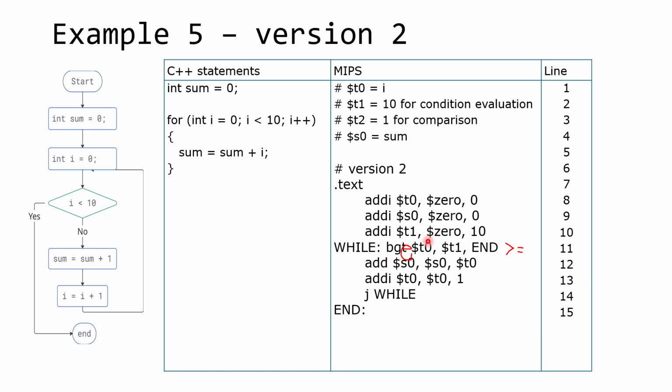Now, if T0 is bigger than T1, then we will jump to the end. Now, if the test is false, we go to the next line. So add S0, S0, T0, and then addi T0, T0, 1, and then we repeat 10 times. Now, 10, is it greater or equal to T1? Yes. Now we will branch to N. Thus, the loop will stop.